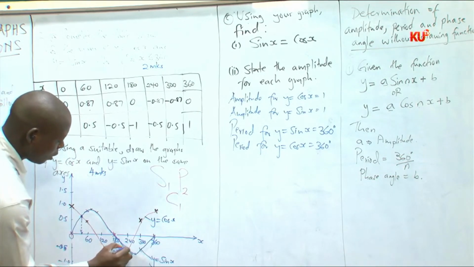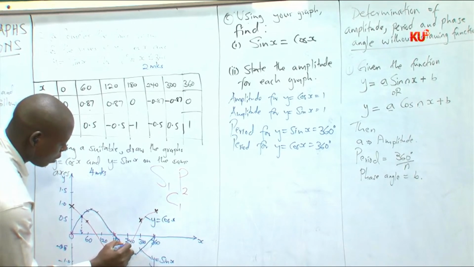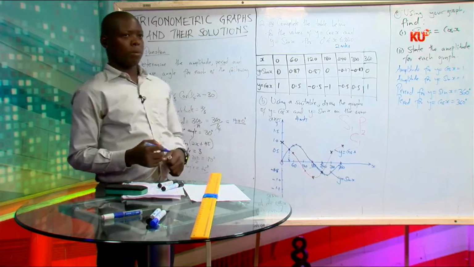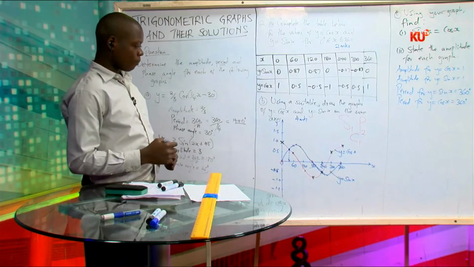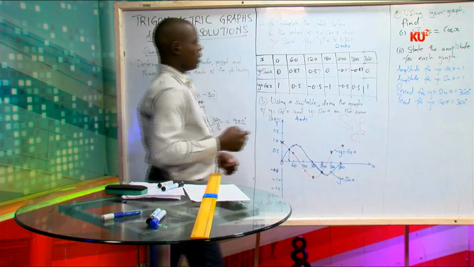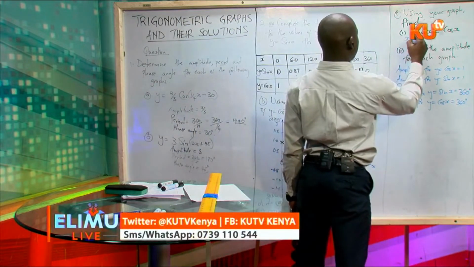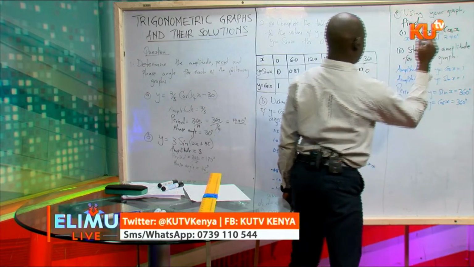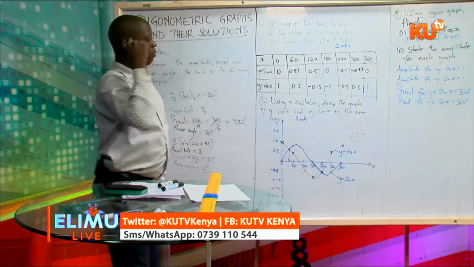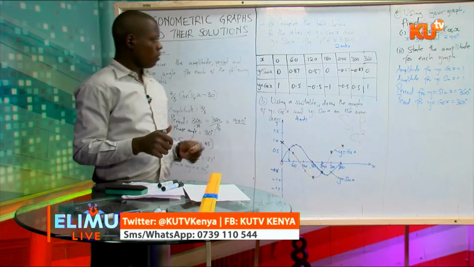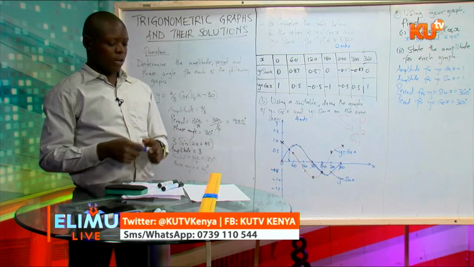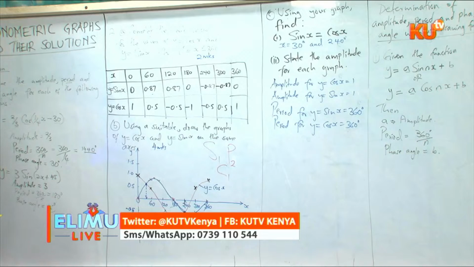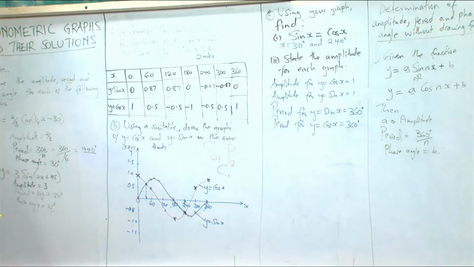Again, at this point, you extrapolate to read the value on the x-axis. That will be the point where the two graphs are equal. So you'll be able to note that the value of x will be 30 degrees and 240 degrees. That is the point where the two graphs will be equal when you draw the graph of y is sin x and y is cos x.